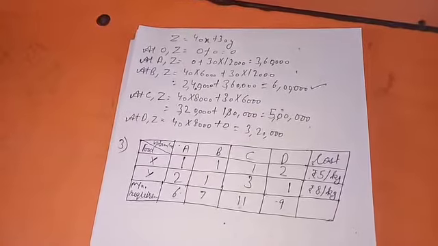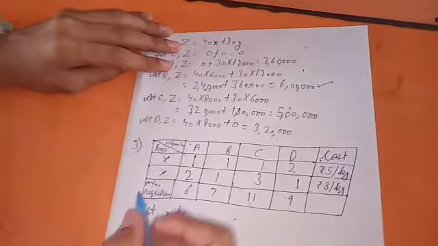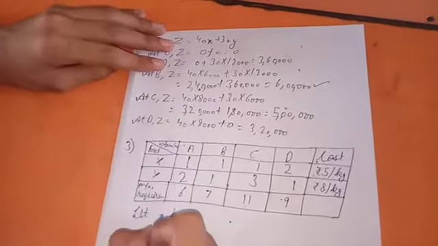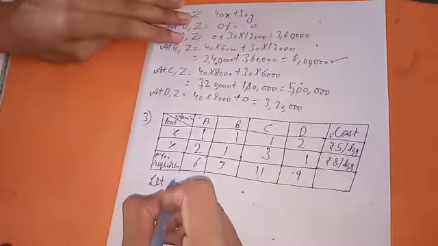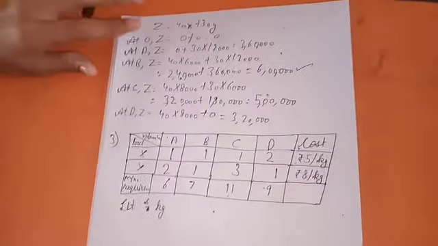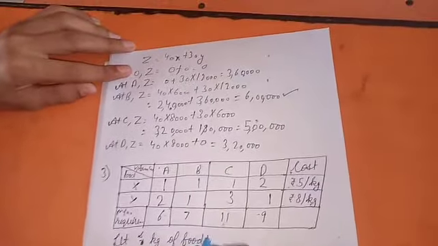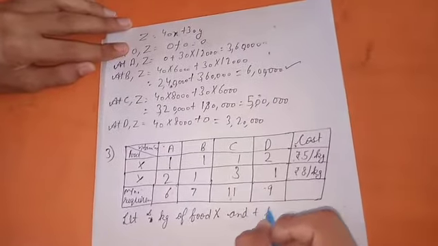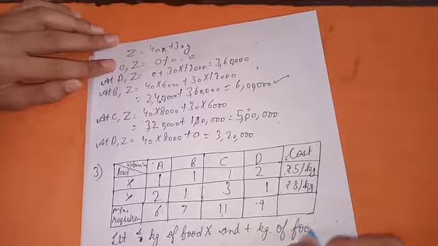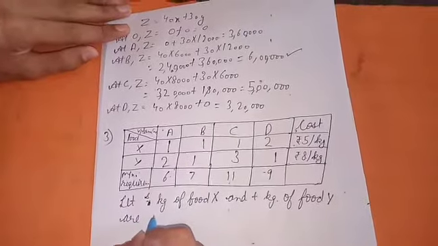Now let us assume S kgs, because X and Y are the foods given here, so that we will not get confused, we will take another variable. So S kgs of food X and T kgs of food Y are required.